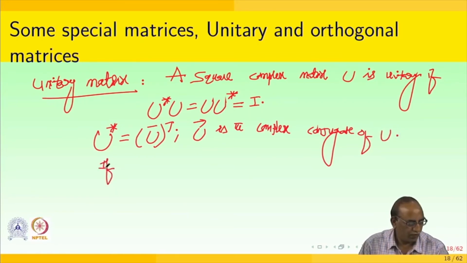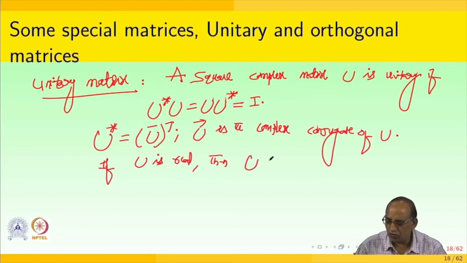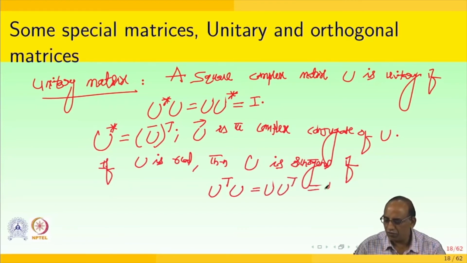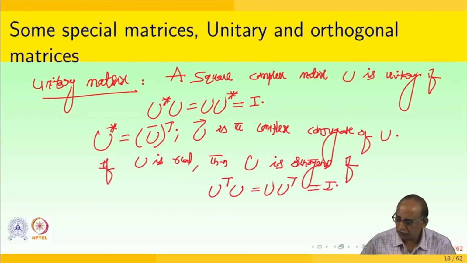So if U is real, then U is orthogonal. U is orthogonal if U transpose U is equal to U U transpose, which is equal to I. So you will have theorems.